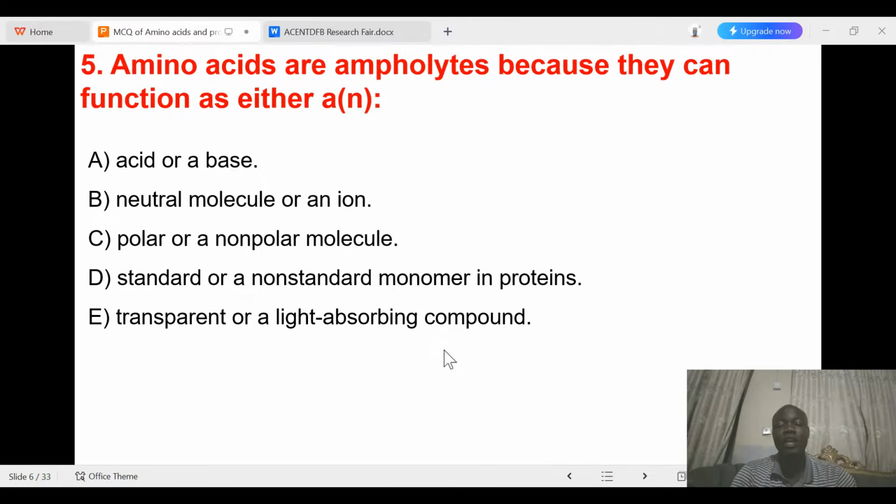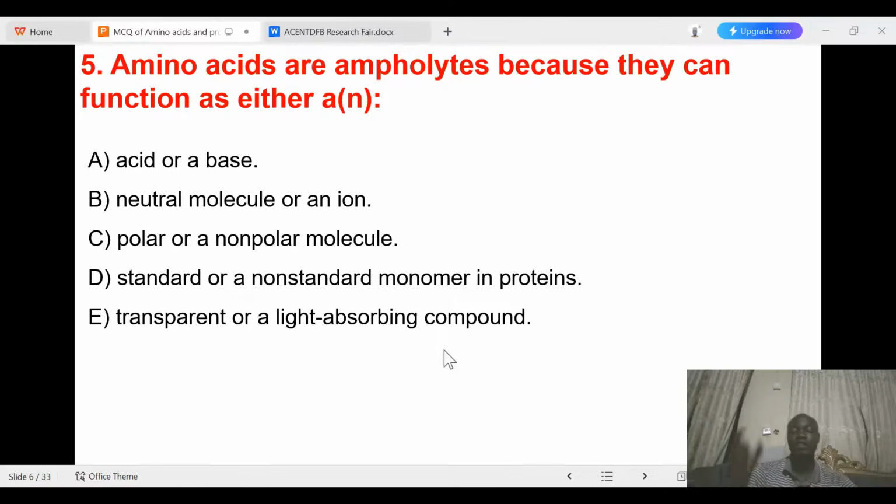When we say an amino acid is an ampholyte, it is because the amino acid contains both a carboxylic group and an amino group, and that is what gives it both an acidic nature and a basic nature. It means it has dual properties in terms of acidity and basicity.